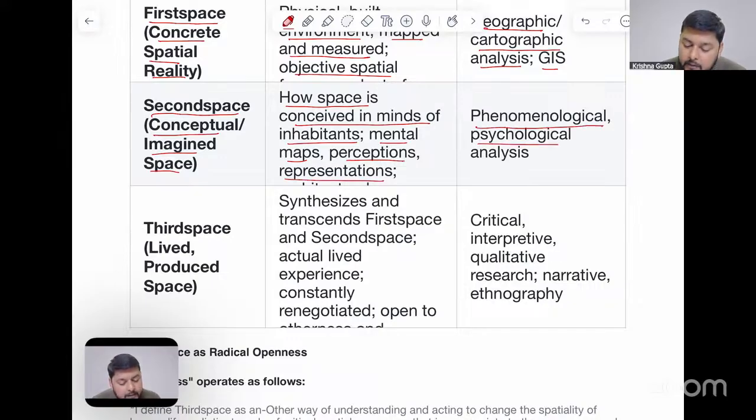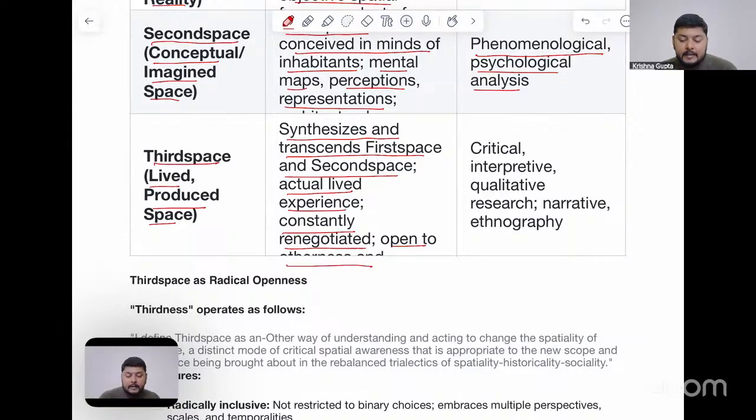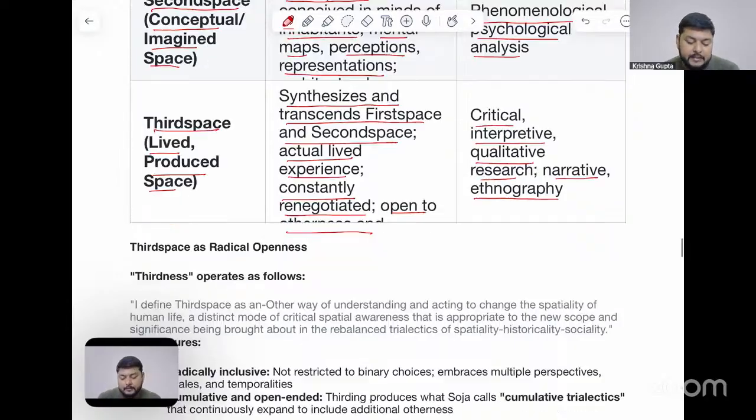Phenomenological and psychological analysis were both taken into consideration. Third space: lived, that is, produced space. Synthesis that transcends first space and second space, actual lived experiences, constantly renegotiated, open to change in this particular aspect. So critical interpretative, qualitative research, and narrative and ethnography are seen in this third space.